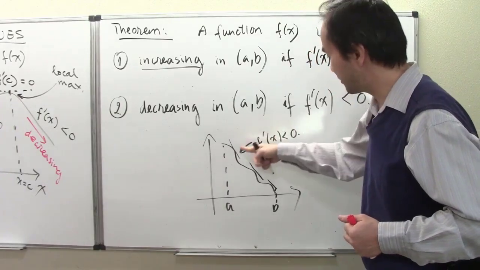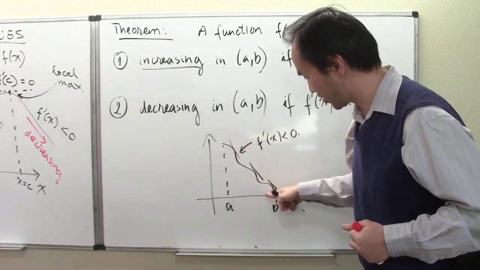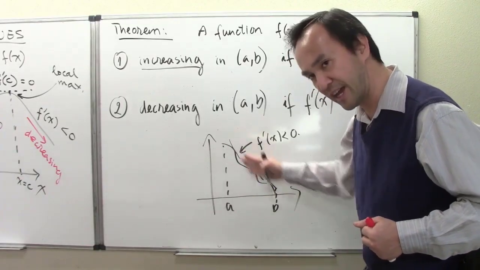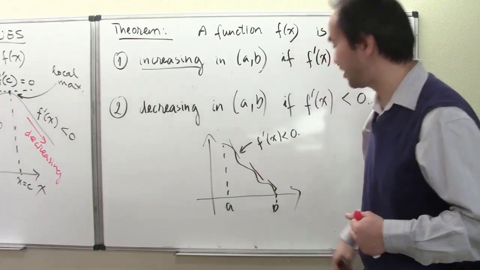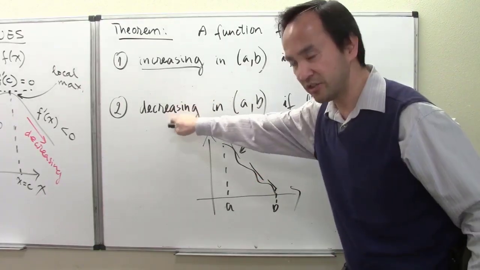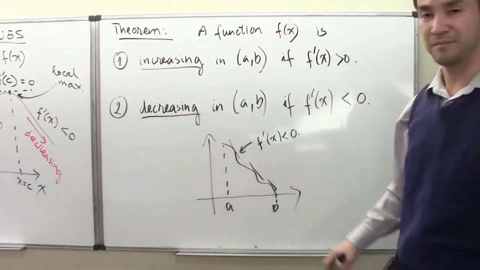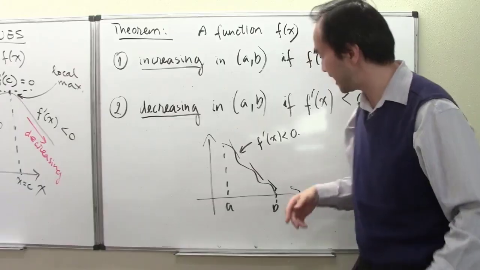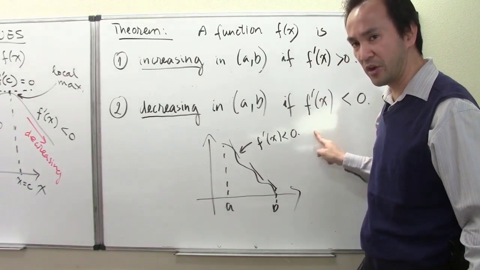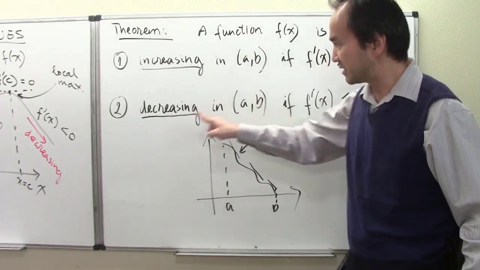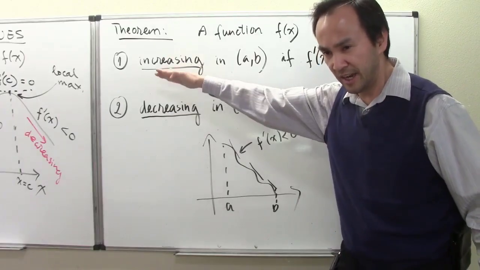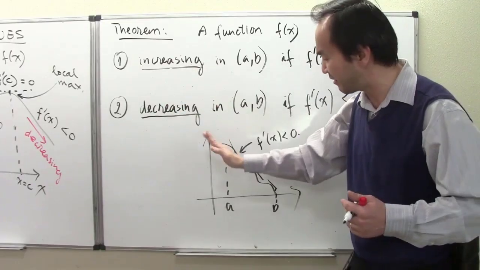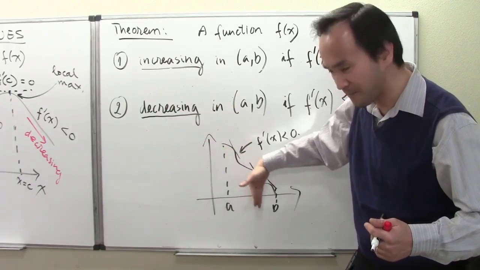So if we can show that anywhere inside that interval the tangent line has a negative slope, that means the function is said to be decreasing. Okay, and this theorem formally makes the connection between the derivative value and increasing or decreasing. Increasing or decreasing is a term that we actually learned from pre-calculus. It indicates graphically that the function is dropping vertically. That's decreasing.